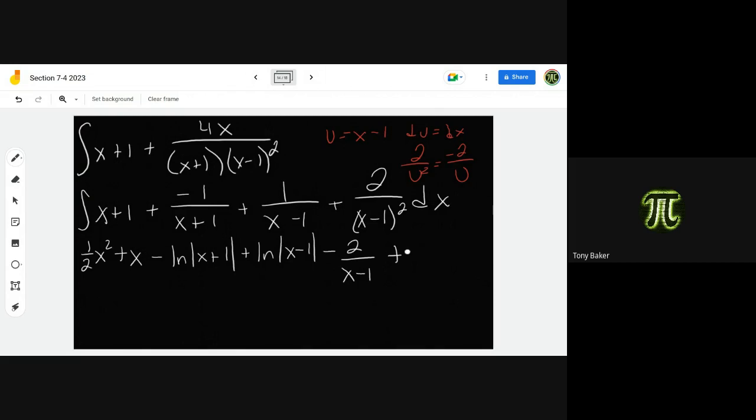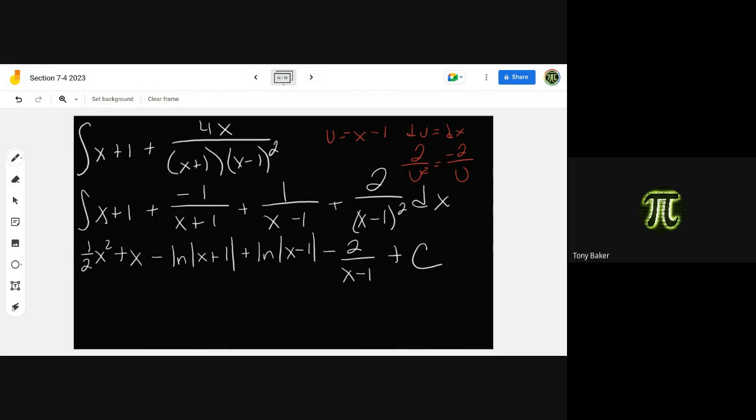No natural log at all. The reason why we have to do natural logs of these is if I did 1 over U, that's U to the negative first power, right? If you add 1 to negative 1, what do you get? Nothing. It's gone. That's why the natural log is there.